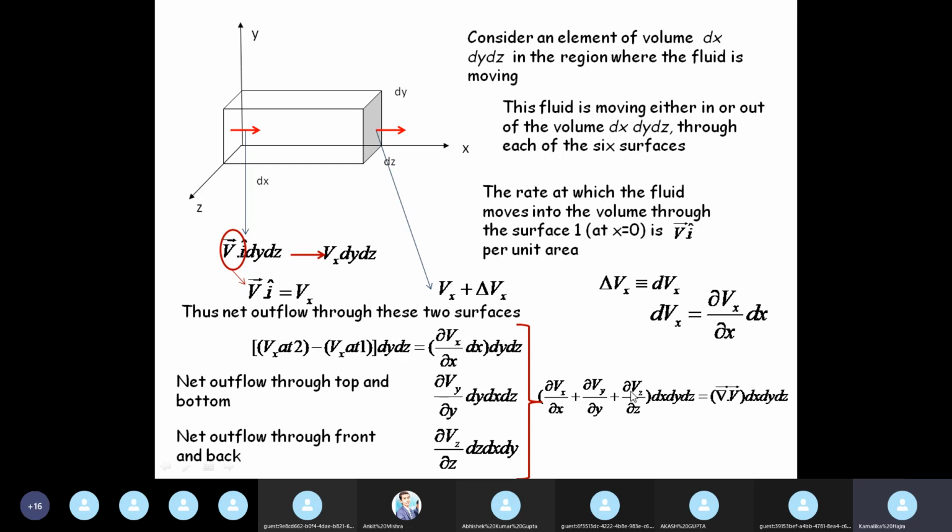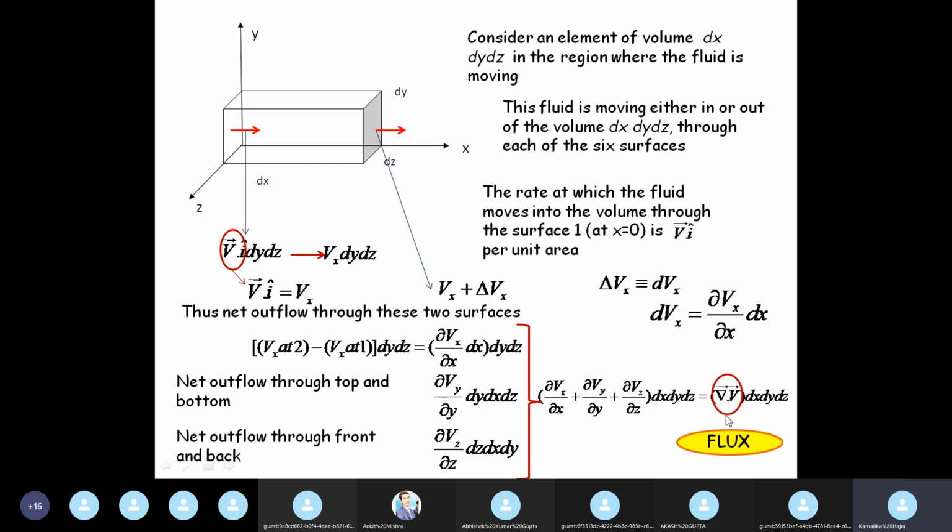But this term here, del Vx del x plus del Vy del y plus del Vz del z, is nothing but divergence of V. So the net difference in the amount of fluid that enters this volume and that leaves this volume is given by divergence of V into dx dy dz. So this term, the divergence of V, gives us the flux, because if you divide it by the volume of this rectangular parallelepiped here, then you are left with divergence of V.